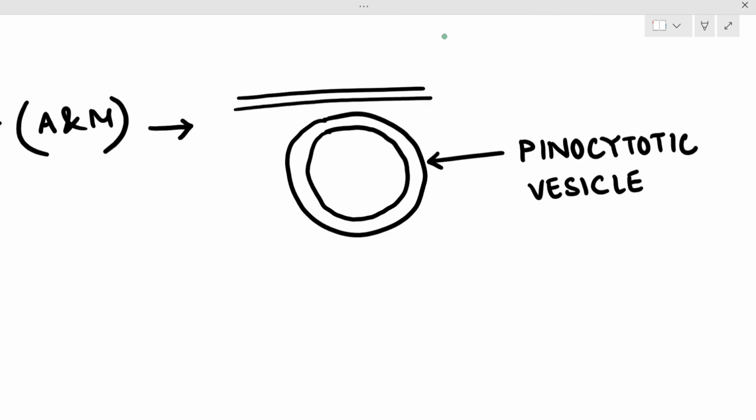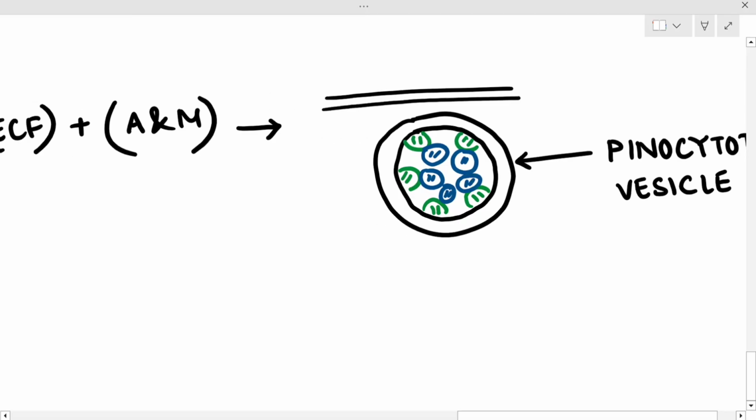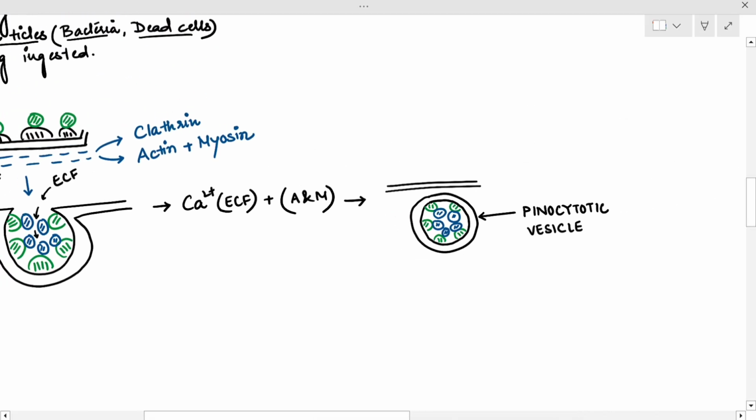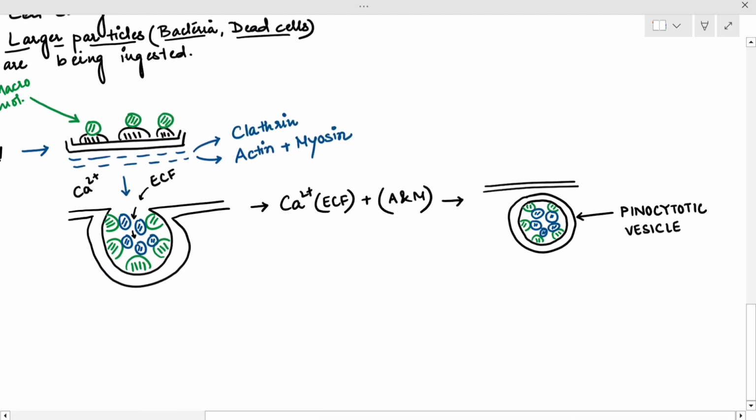Okay. These are the receptors and these are the macromolecules which have been ingested. Okay, fine. So clathrin also can do the same work, that is breaking the invagination from the surface of the cell.